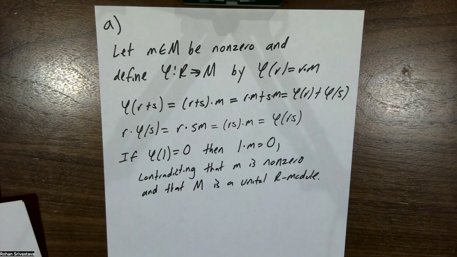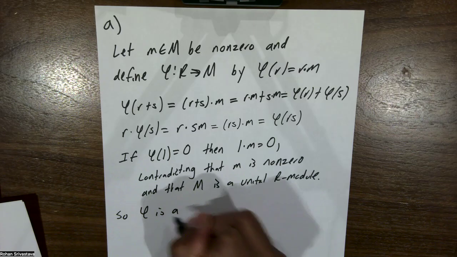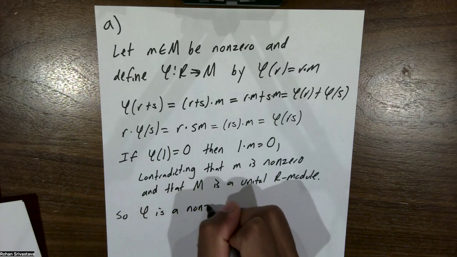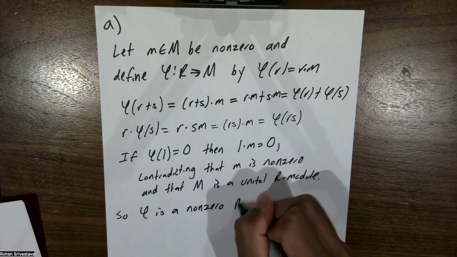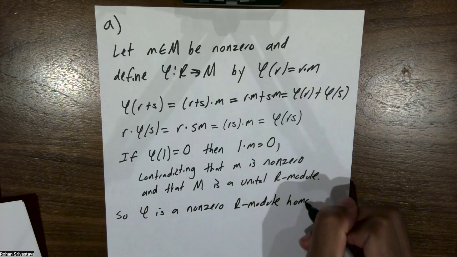Since little m is non-zero, we can't have 1 acting on m give us 0. So all of this tells us that phi is a non-zero R-module homomorphism.